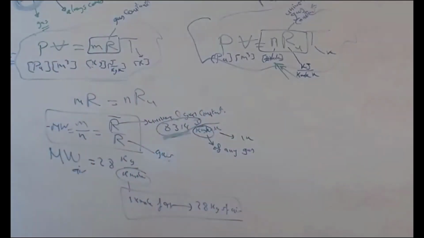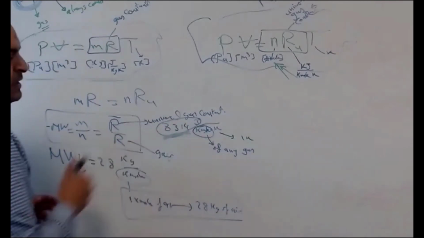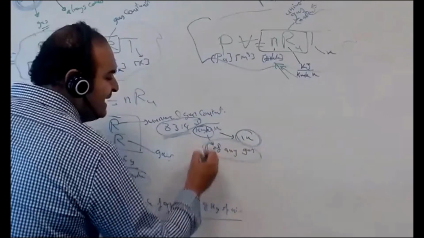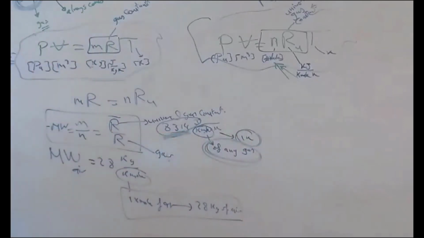If you want 2 kelvins, multiply by 2. 3 kelvins. So this is to increase 1 degree. For any kilomole of any gas, you need this energy.